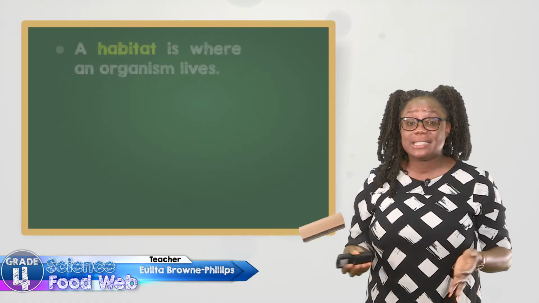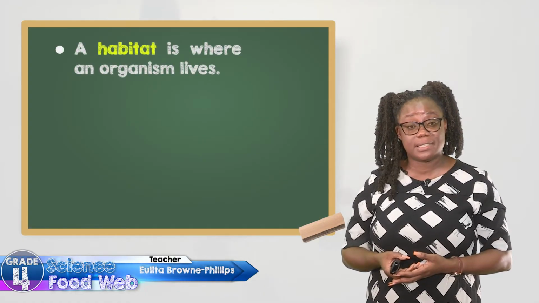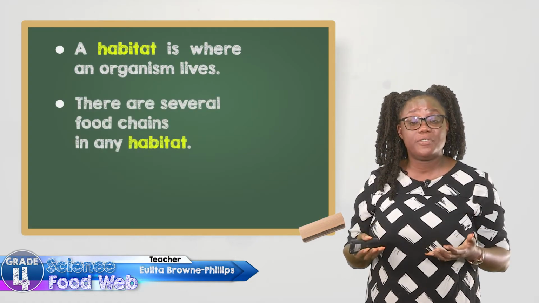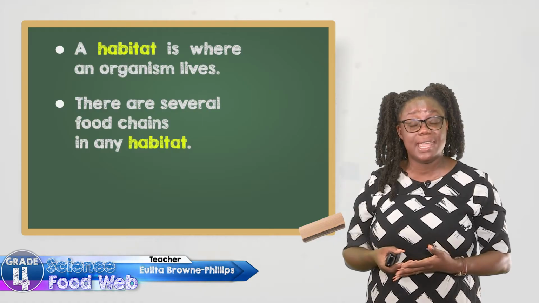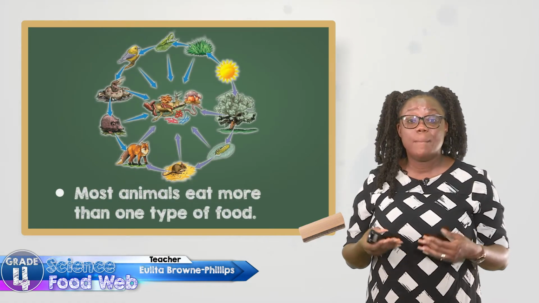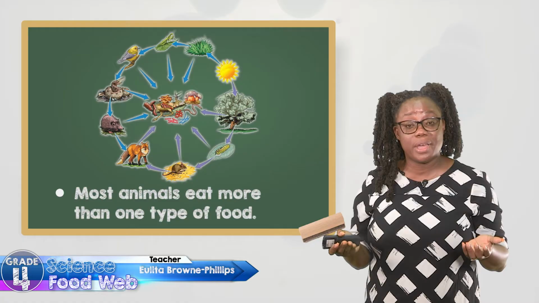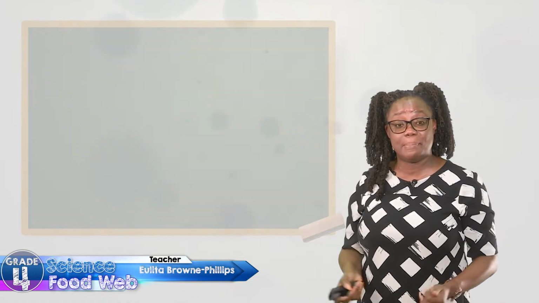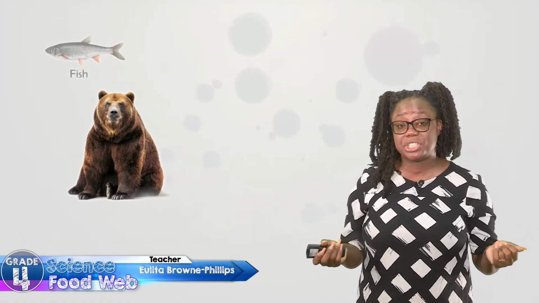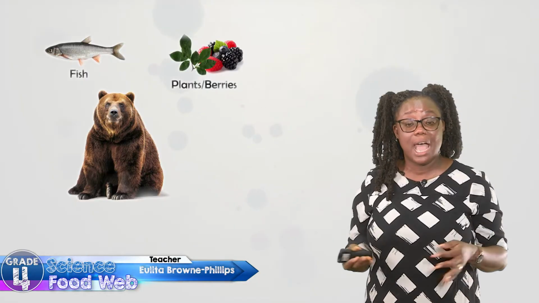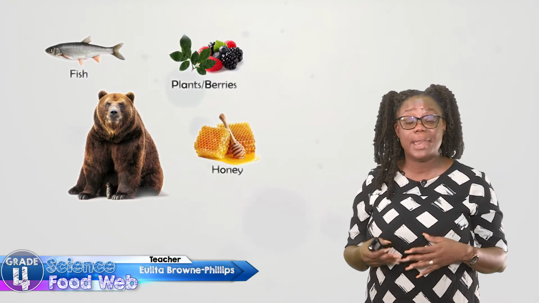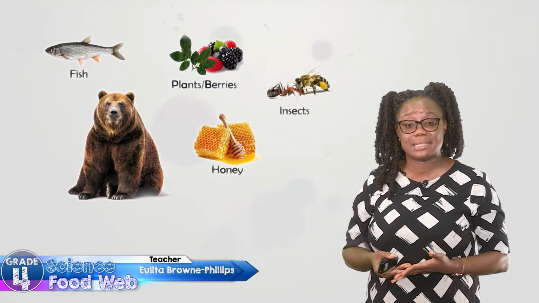A habitat is where an organism lives. There are several food chains in any habitat. Most animals eat more than one type of food. Example, a bear eats fish, berries, honey, and insects.